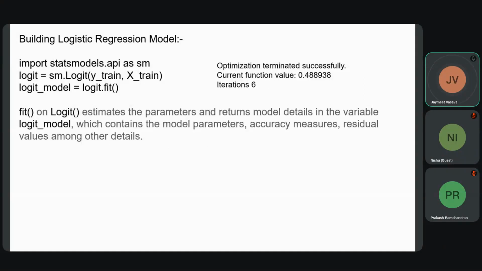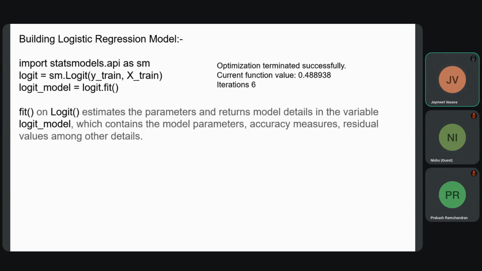Then starting with building the logistic regression model, importing statsmodels API as sm, then logit equals sm.logit, passing the y train and x train, and then passing the fit function on our logit model.